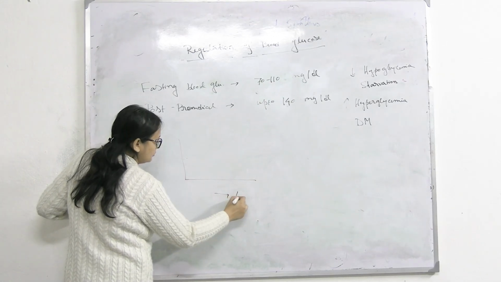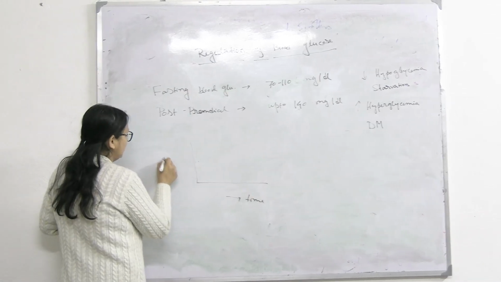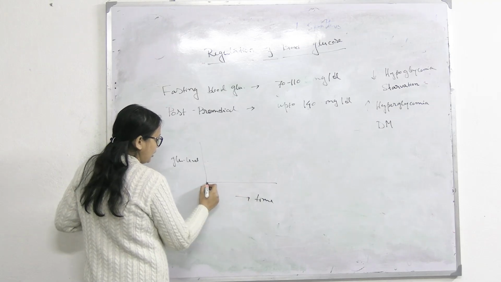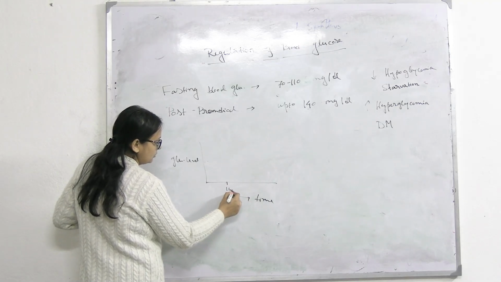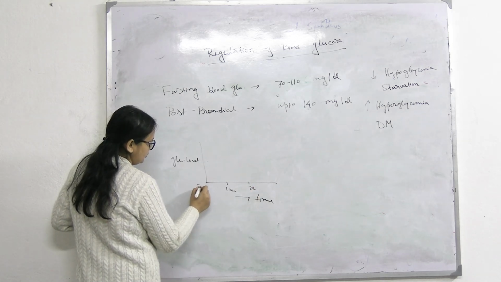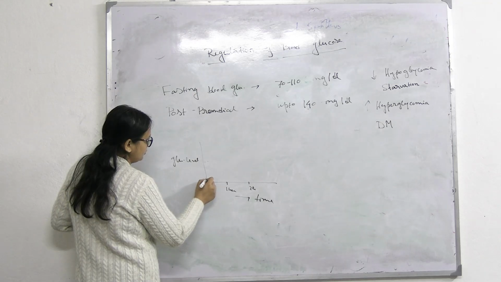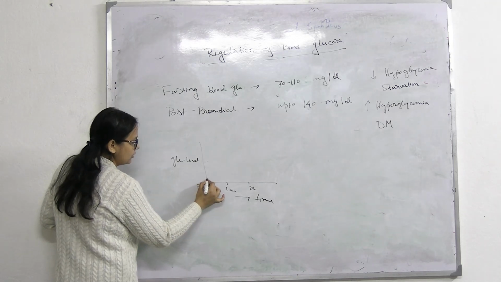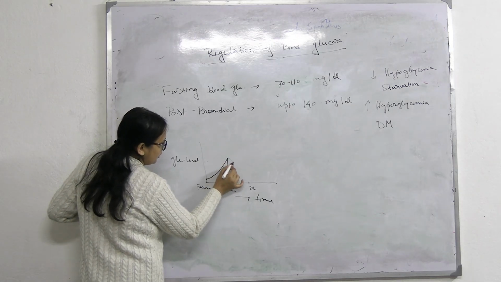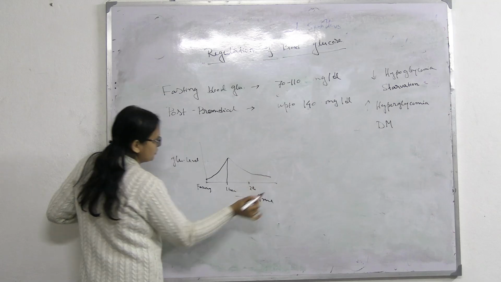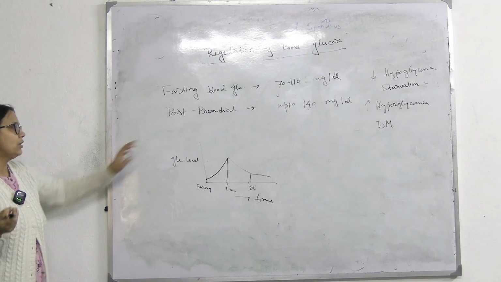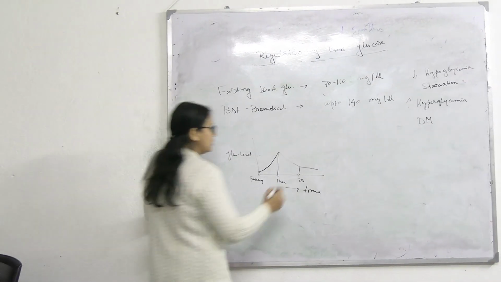Take time as 0, 1 hour, 2 hour. This is the fasting state, meaning glucose level near 70. If we take food, then there will be a sharp rise up to 1 hour, then there will be gradual falling of the blood glucose level. And after 2 hours, when we take a blood sample for postprandial blood glucose, then it reaches up to 140.